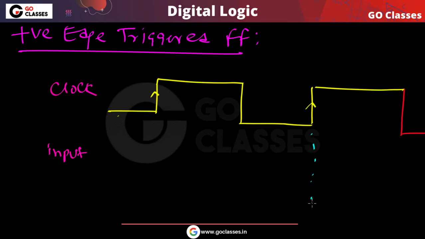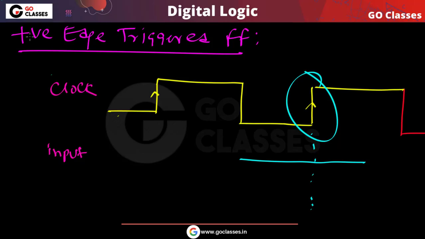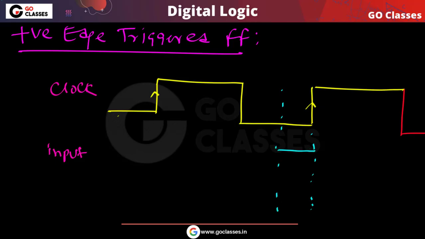This input must be steady some time before this rising edge comes. It is possible that the input is already stable for a very long time before this edge comes, no problem. But the point is the minimum time for which our input must be stable before this edge.